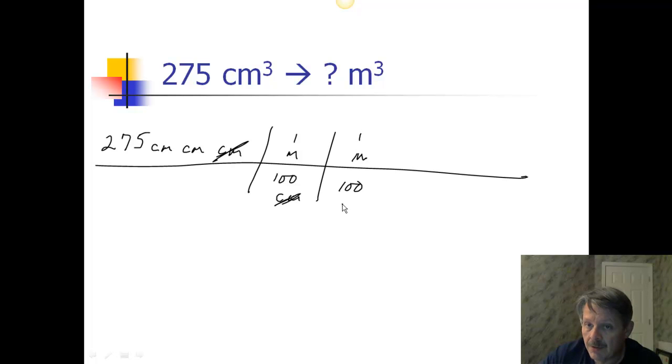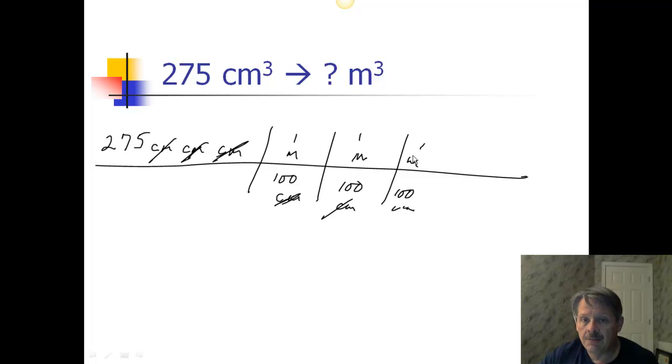So I have 100 centimeters in a second meter, which allows me to cross that second one off. And I'm going to do one more. 1 meter is 100 centimeters. So that leaves me with getting rid of that one. So I have 275 divided by 100, divided by 100, divided by 100, which is going to be 0.0275 cubic meters.